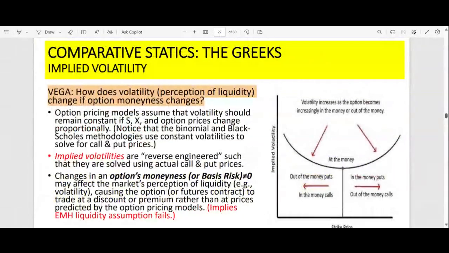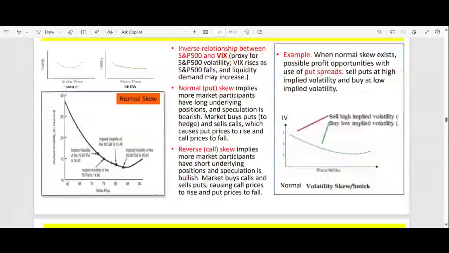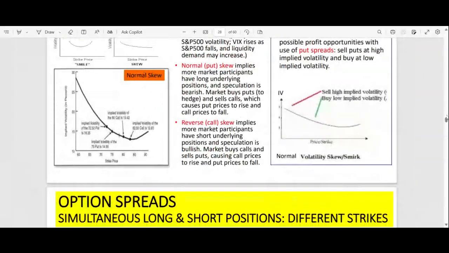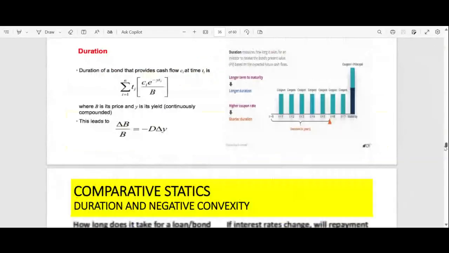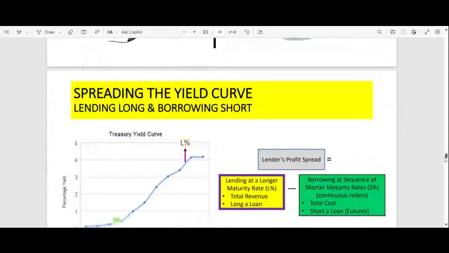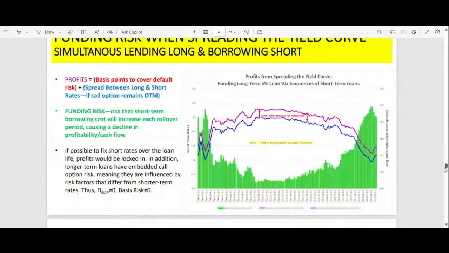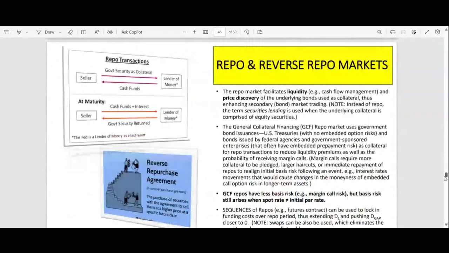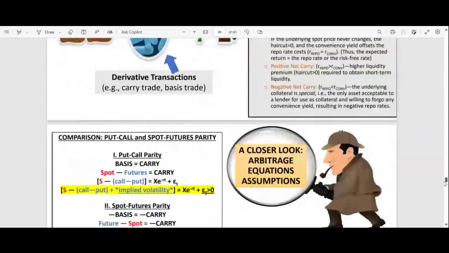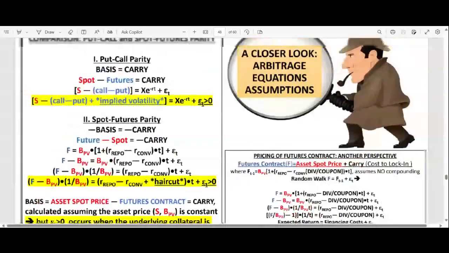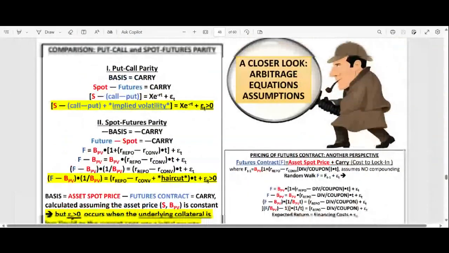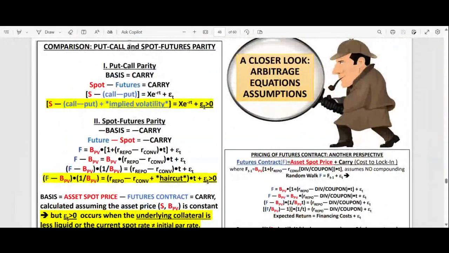It wasn't constant, and then that messed up our put call parity. We are essentially saying the same thing here, just with some different variables. So what we're doing here is an arbitrage equation, spot futures parity, just like put call parity for the stocks is an arbitrage equation. These are arbitrage equations.